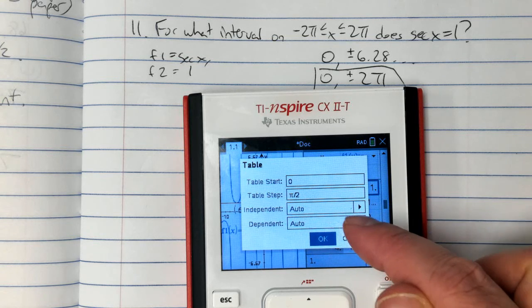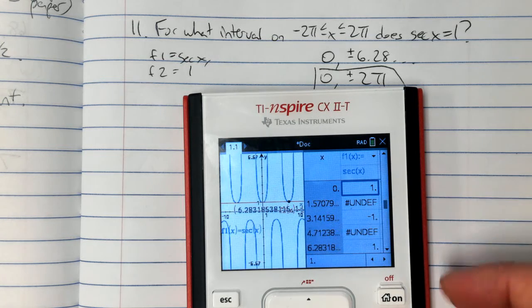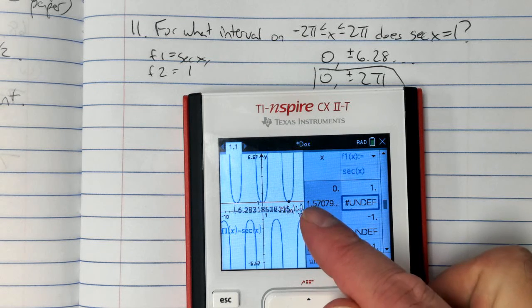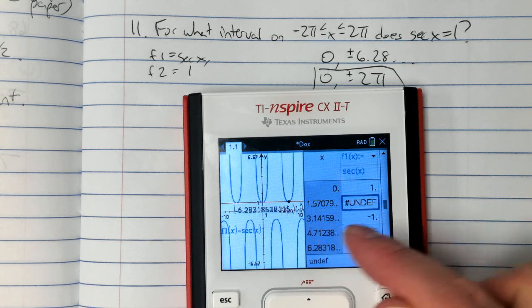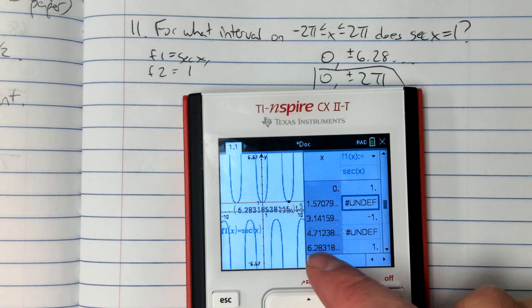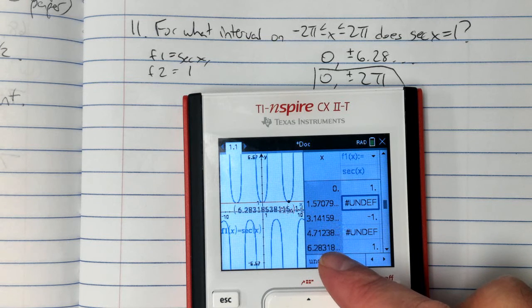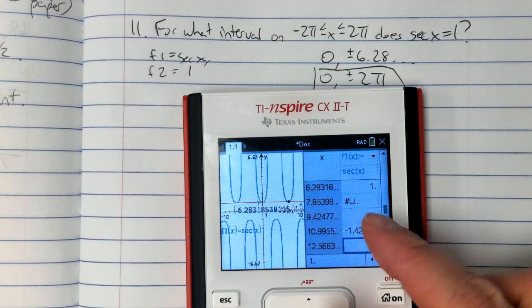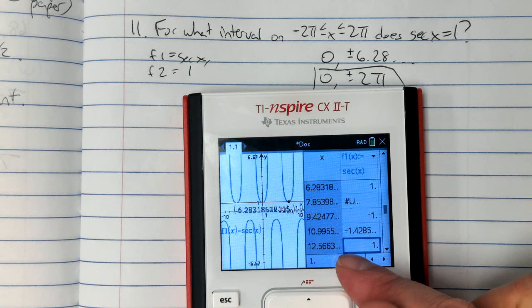Or if you would rather just change it to ask, you can. But if you go by pi halves, you can see that pi halves is undefined, pi is -1. The 4.71 would be 3 pi halves, which is undefined, and 6.28, which is 2 pi, would be 1. And then the pattern just repeats. So then this would be 4 pi.